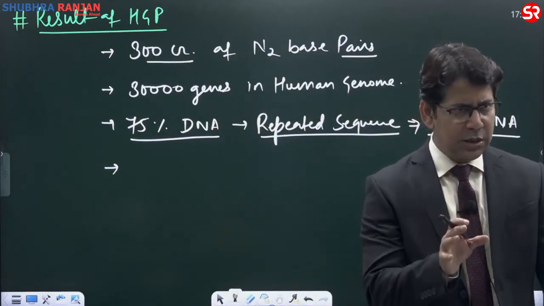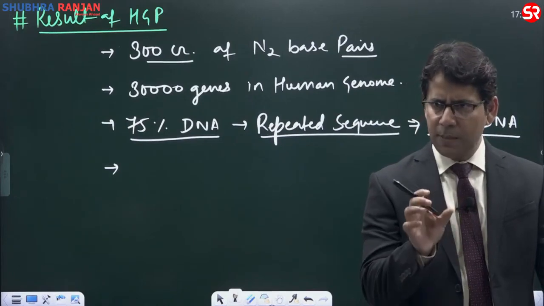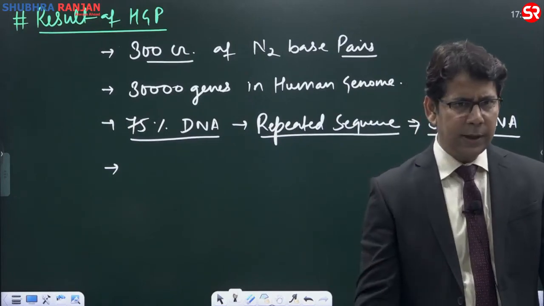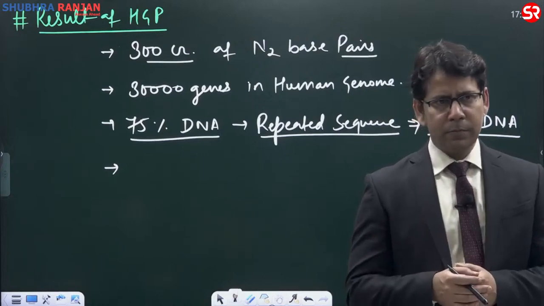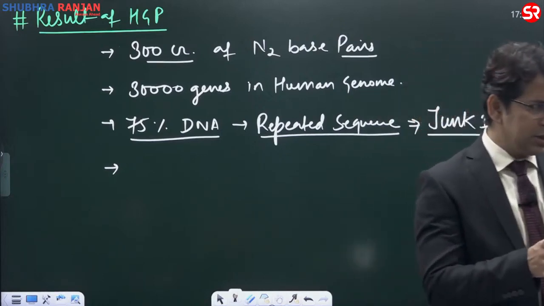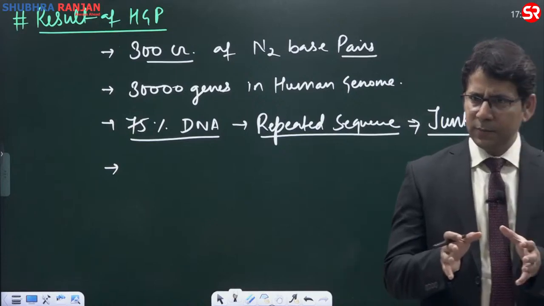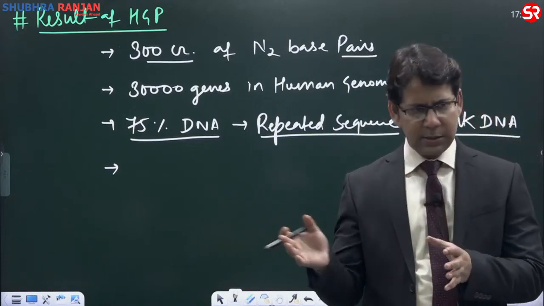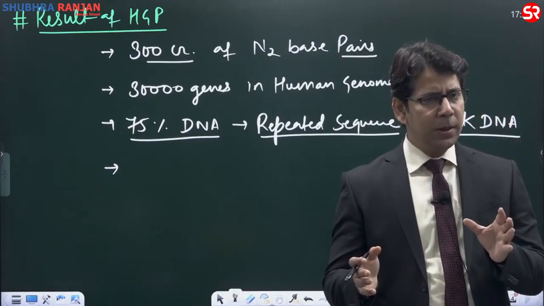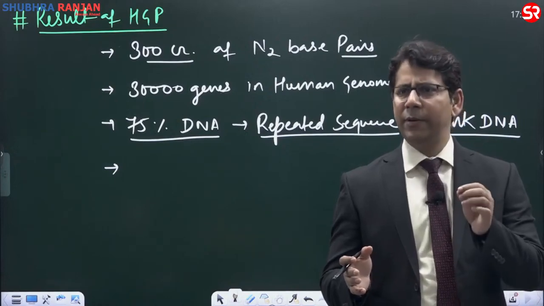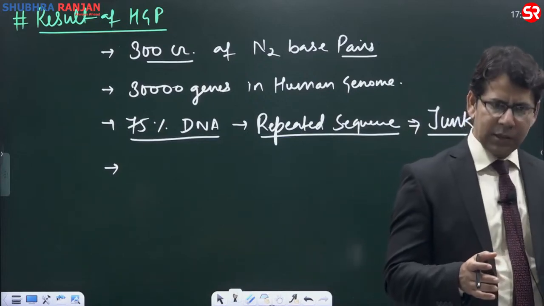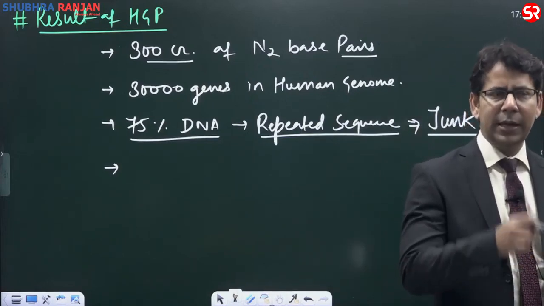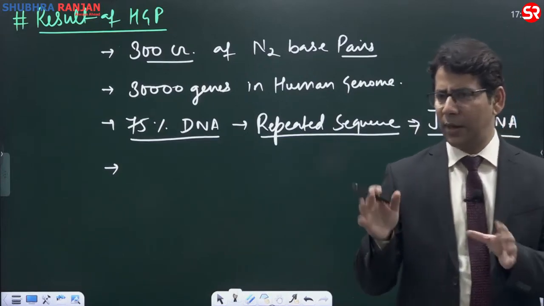That means the 30,000 genes we are talking about come within 25% of DNA. Now there is another matter: those 30,000 genes are present in one cell. So is it present in every cell? Yes, it is present in every cell. But are these 30,000 genes active everywhere? No, they are not. Only 2% of the 30,000 genes are active in any given tissue, any given cell.